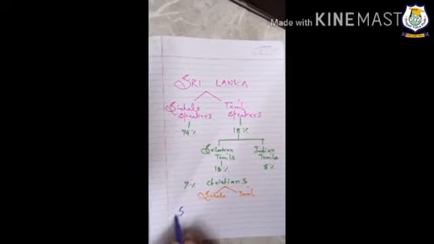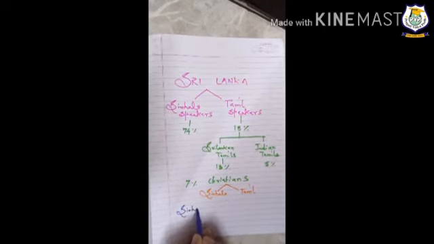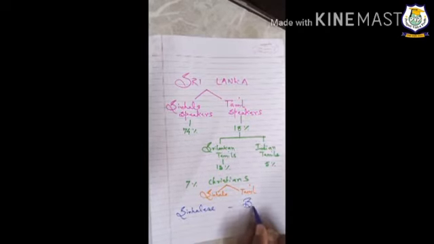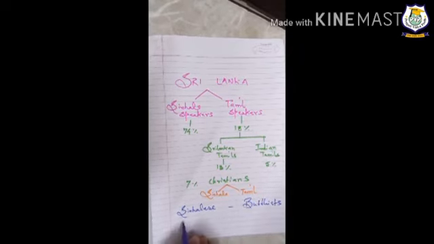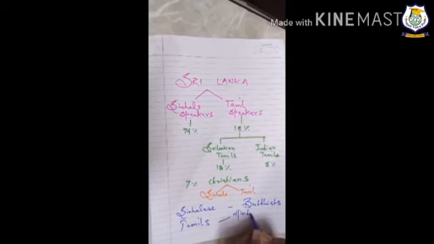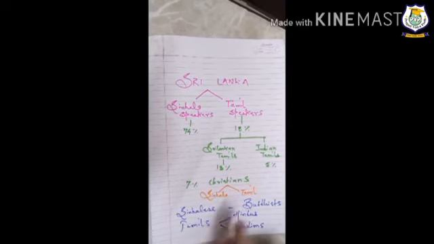If we talk about Sinhalese, they are more often Buddhists. And if we talk about Tamils, they may be Hindus or Muslims. Obviously, a Tamil can be a Christian also.